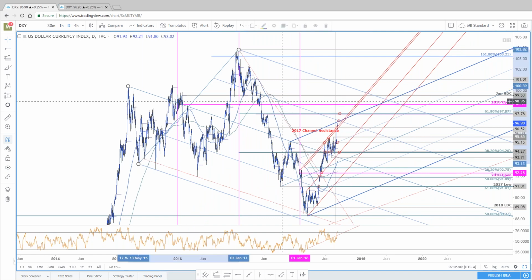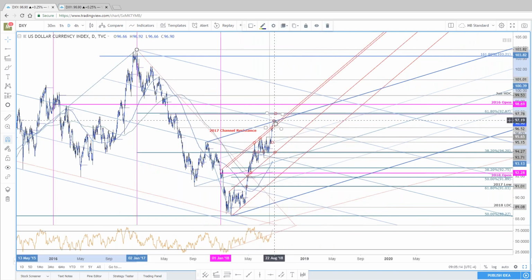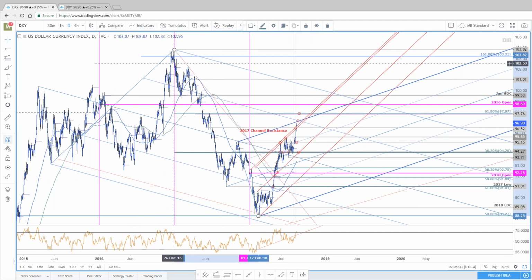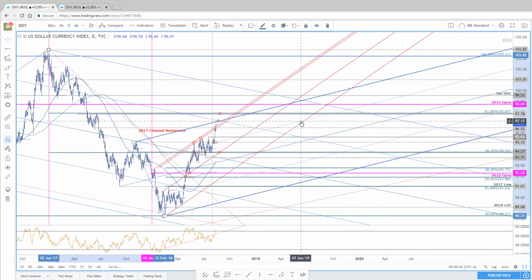The 50 line comes in right at that region. So give it 97.10, 97.20 is your first initial area of resistance. The big level is 97.78, 97.87. That's the 618, and just an objectively clear pivot in price. Former swing highs, acceleration on both sides, former swing highs, key 618 retracement of a multi-year range. That's sort of a bigger level for me. But near term, watch 97.10, 97.20.